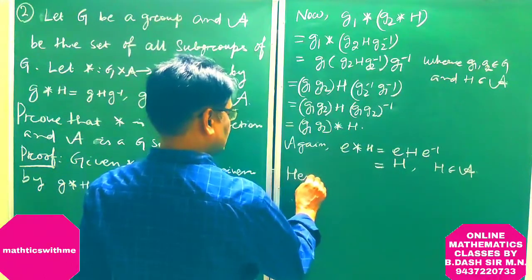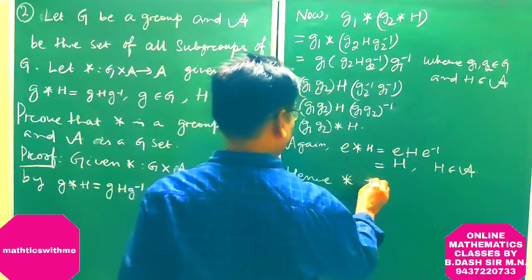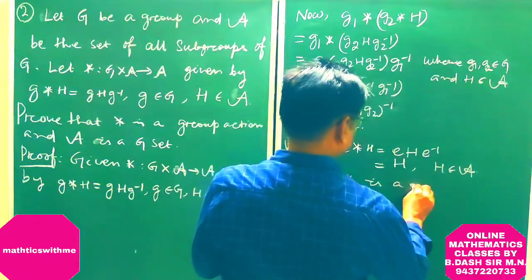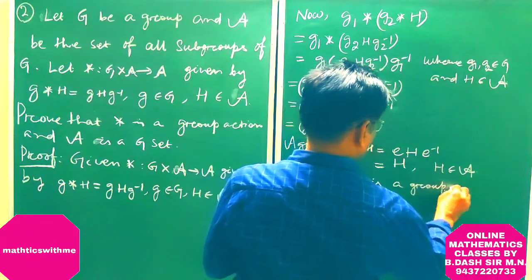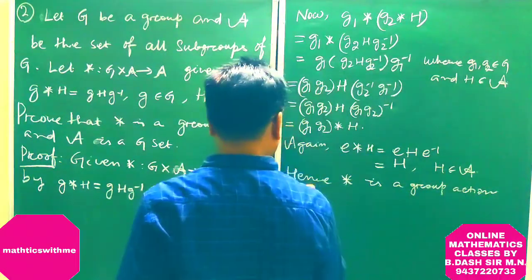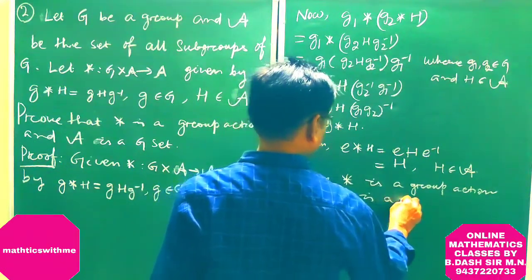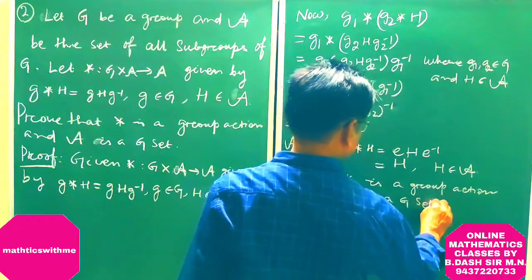Hence the mapping star is a group action and A is a G-set. Proved.